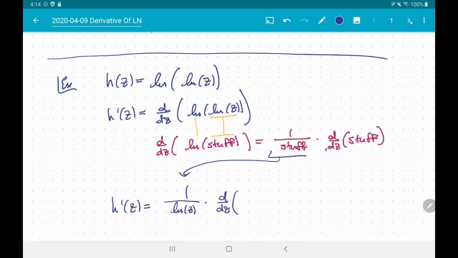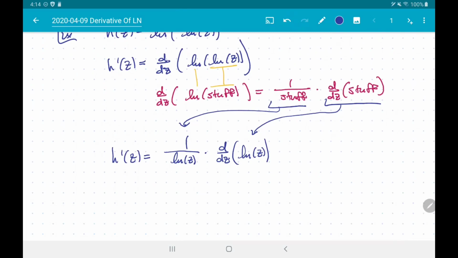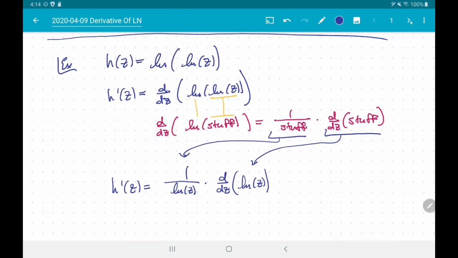Then I continue with this chain rule factor, derivative with respect to z, again, of the stuff, which is that inside ln of z. So again, the derivative of the first ln has given us this reciprocal. So the first ln is gone. The second ln does appear right here. Its derivative will appear here in this chain rule term.